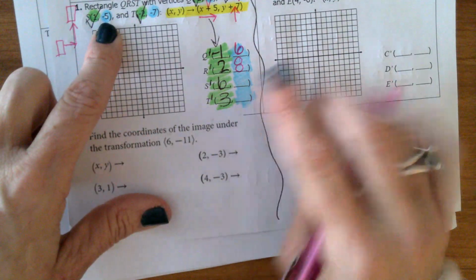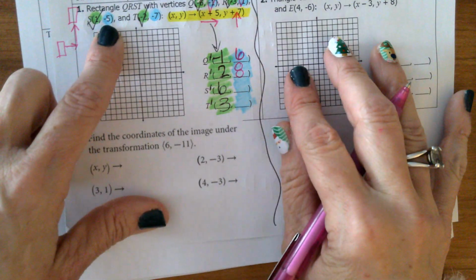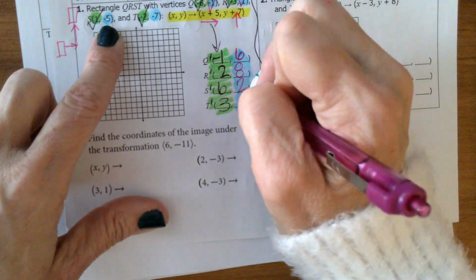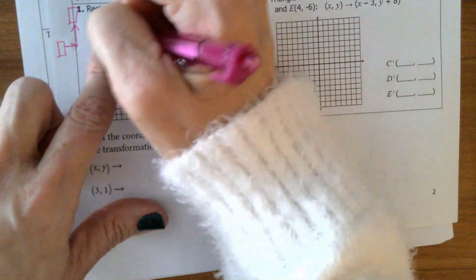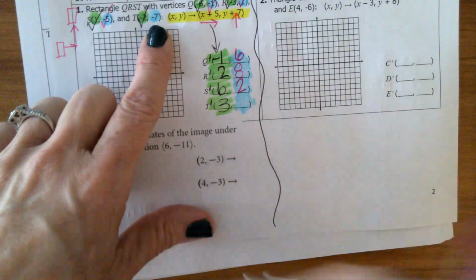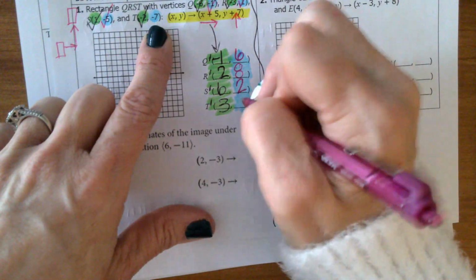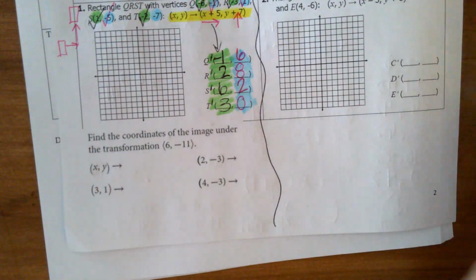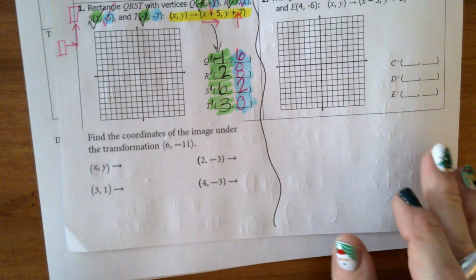The third one, -5. If I add 7, I get 2. So there's that one. And finally, negative 7, and if I add 7, I get 0. These are all my new ordered pairs. Yes, no?